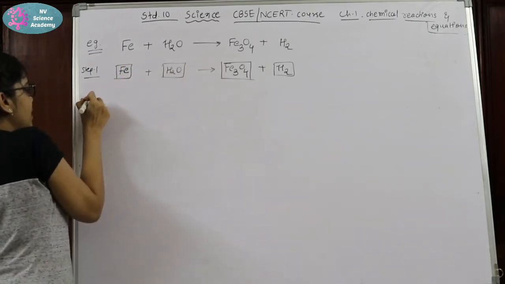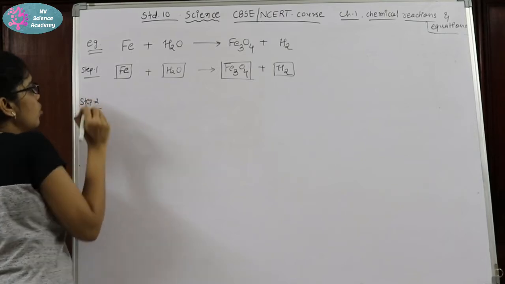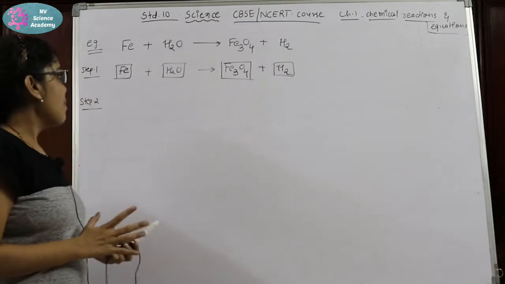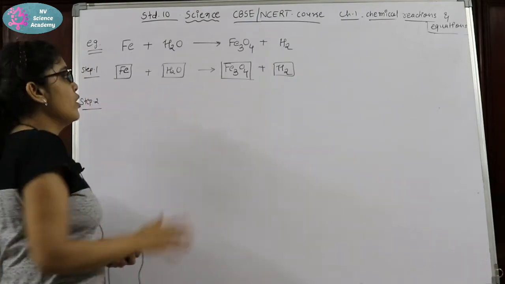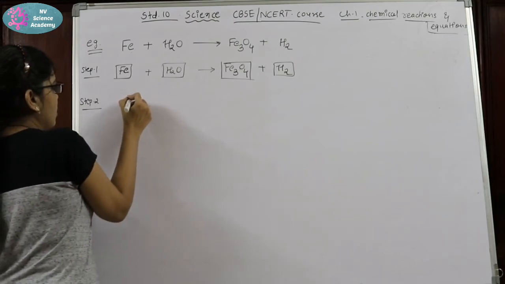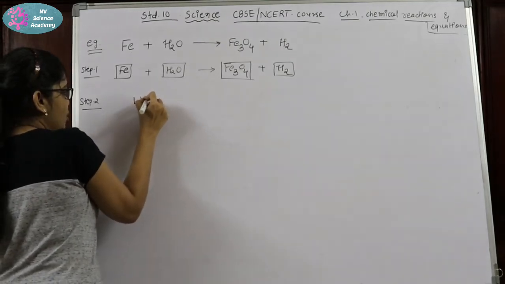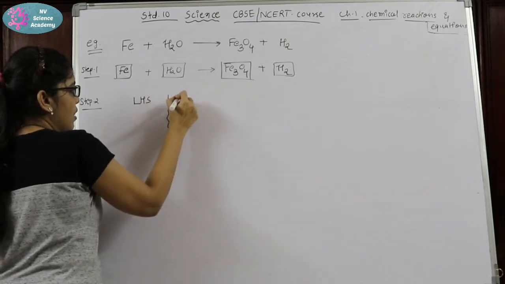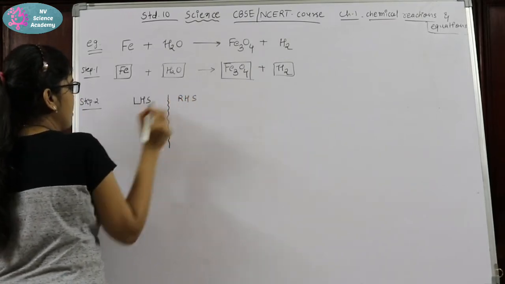Now what will be step 2? Step 2 is to list the number of elements on both sides. So we will list now the LHS, left hand substances, and right hand substances.